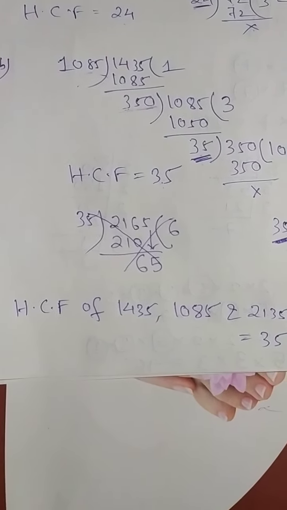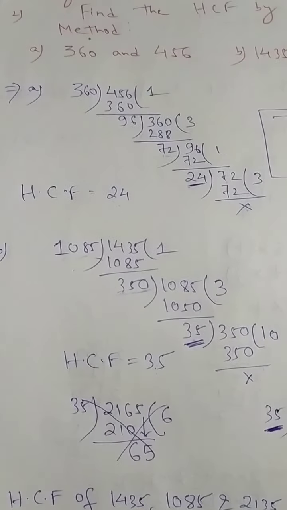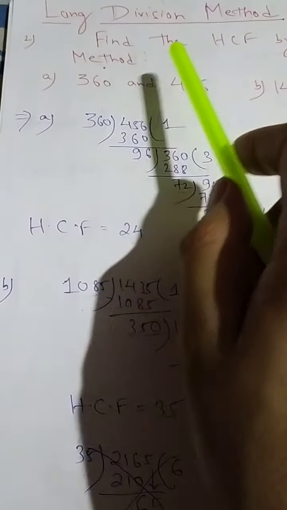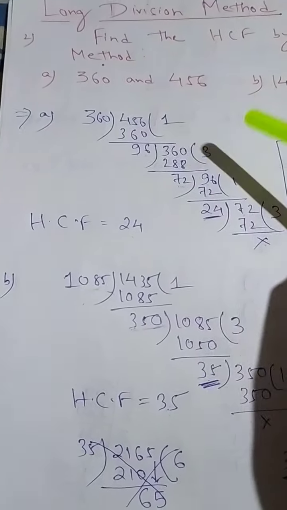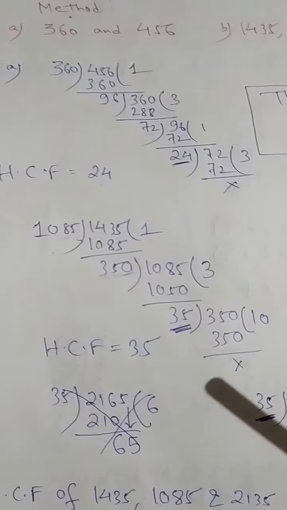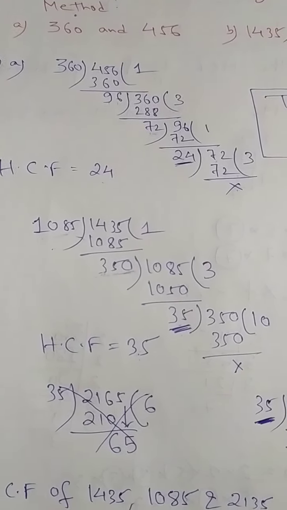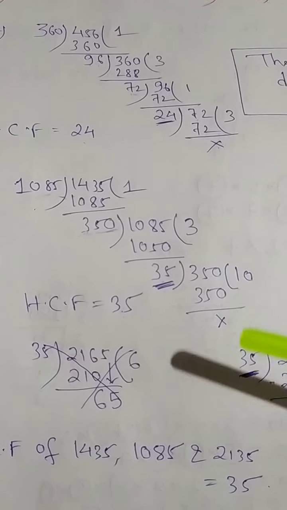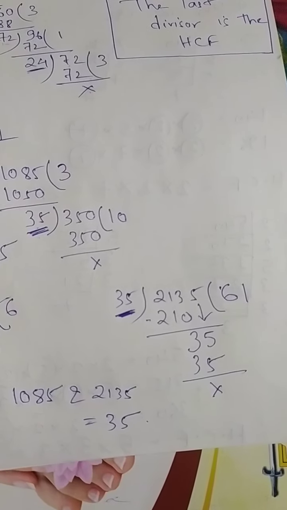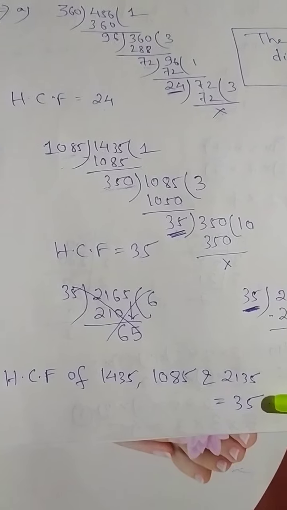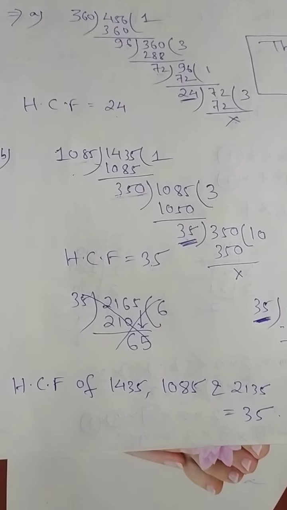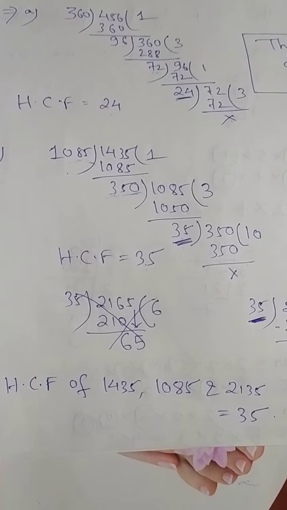You can take any question and practice at home, but this method is the most suitable method for large numbers. You can take any 3 numbers or any 4 numbers also, and you can repeat this method. So your final answer is coming 35. So today up to this much. Thank you.